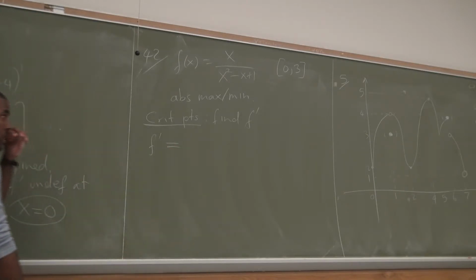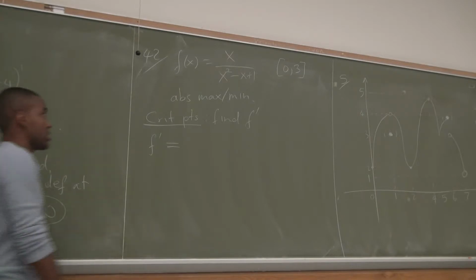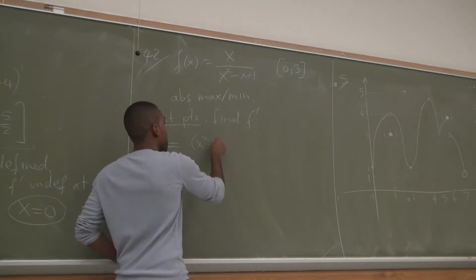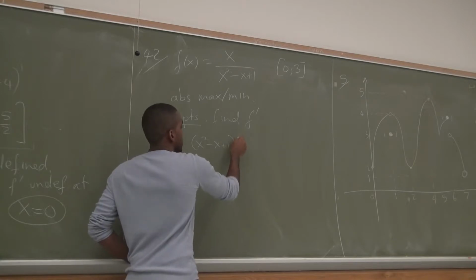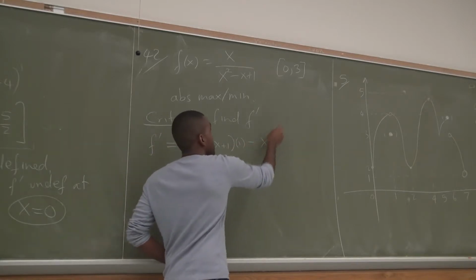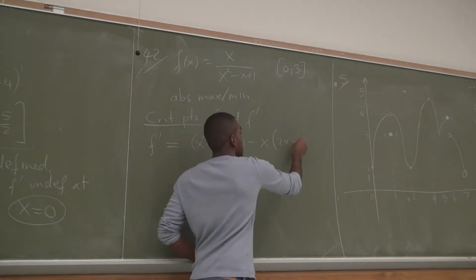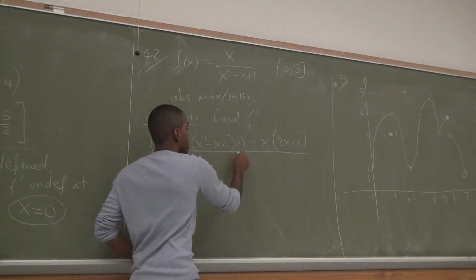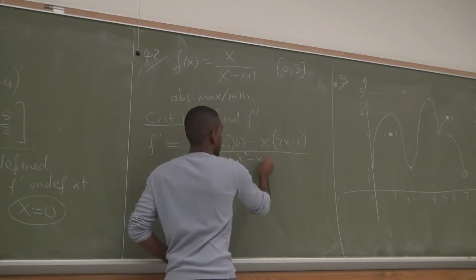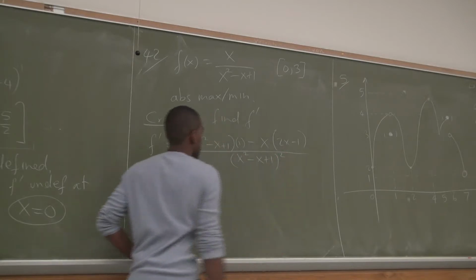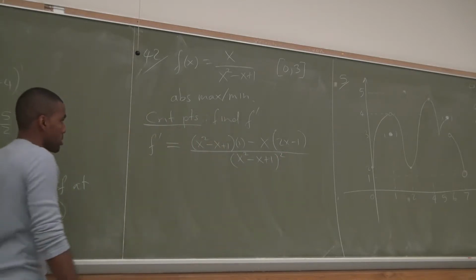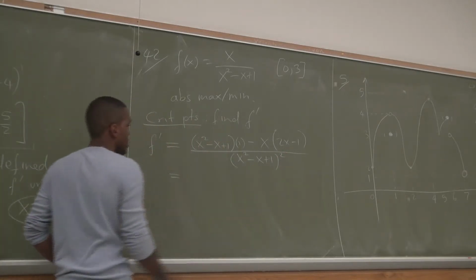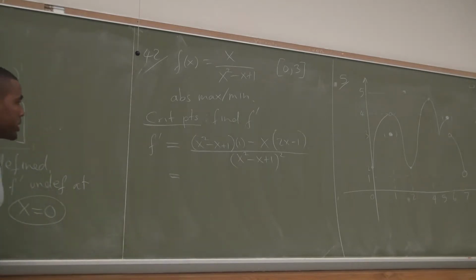So f prime in this case would be what? Bottom times derivative of the top minus the top times derivative of the bottom over the bottom squared. So this would be equal to what?